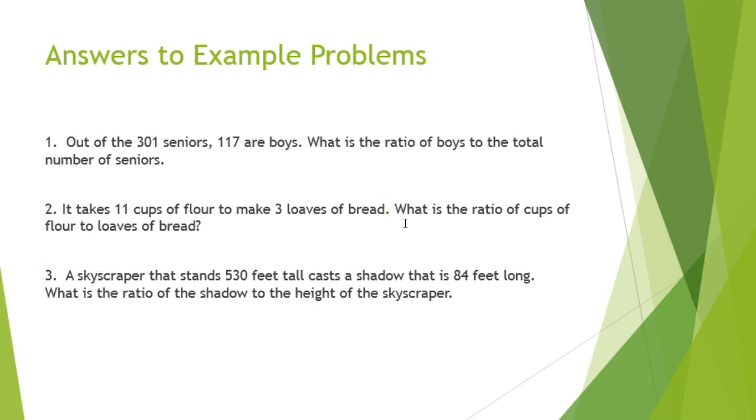So now that you have written your ratio for each example, let's look at them together. My number 1 says, out of 301 seniors, 117 are boys. What is the ratio of boys to the total number of seniors? Remember, we take what it is asking for first in our question part. So in our question, it is actually asking for boys first.